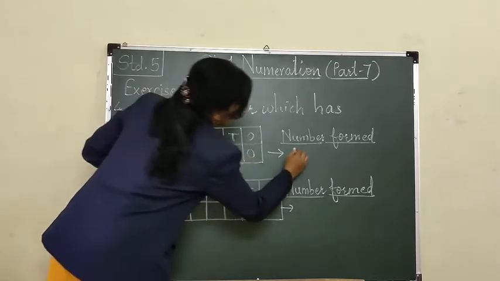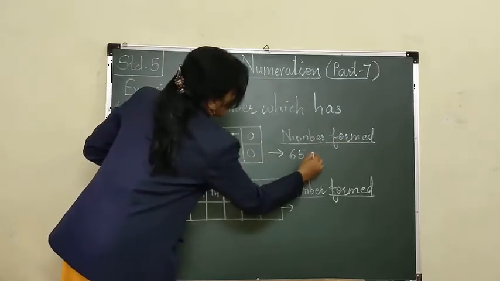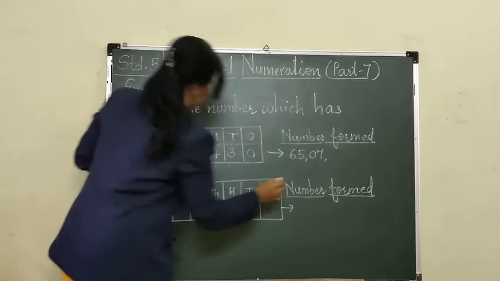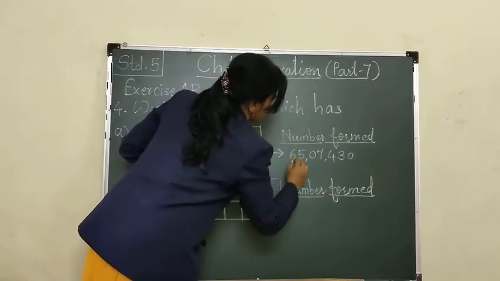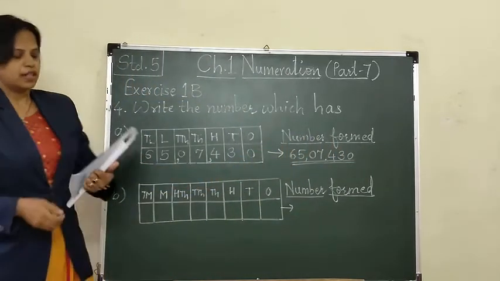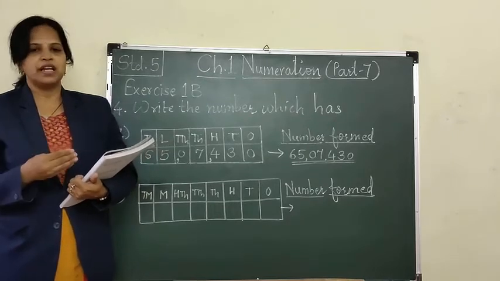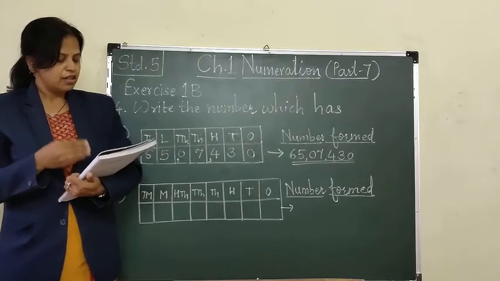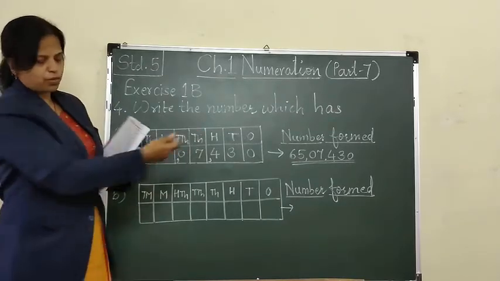We will write this number with the commas here. So I have written here the number formed, 65 lakh 07,430. This is the number formed. Here the places and accordingly digits are given. We have to place the digits in the respective places and write the number which is newly formed.